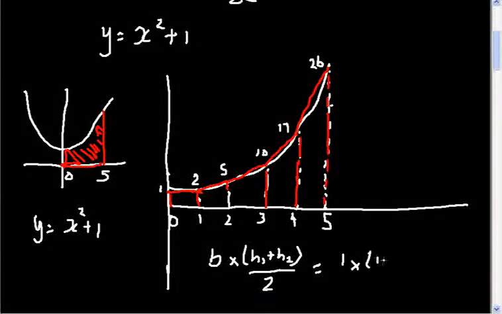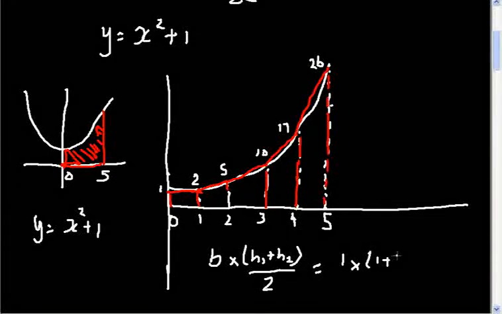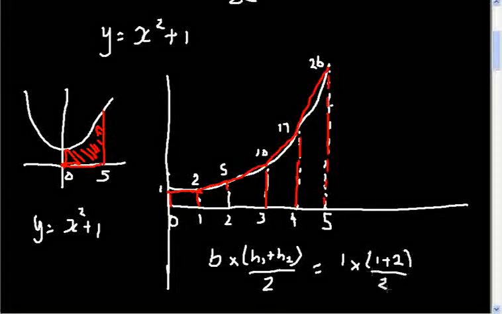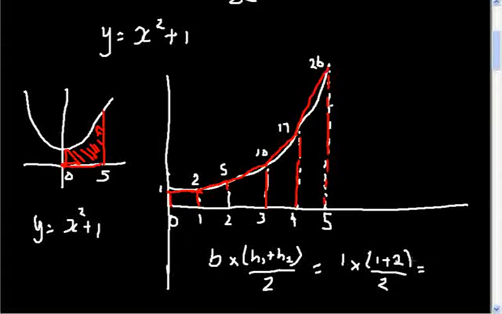So for the first one, h1 is 1 and h2 is 2. That result, 3, divided by 2 is 1.5. 1.5 times 1 is still 1.5.